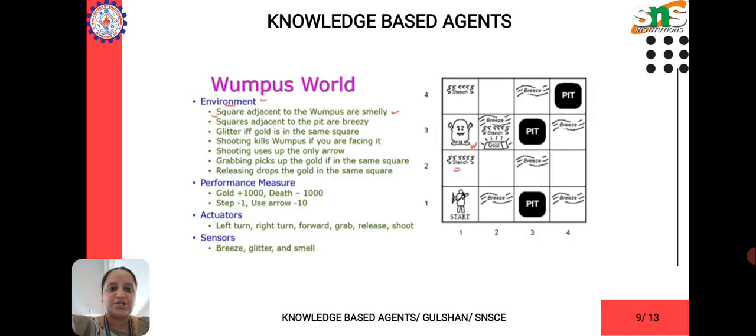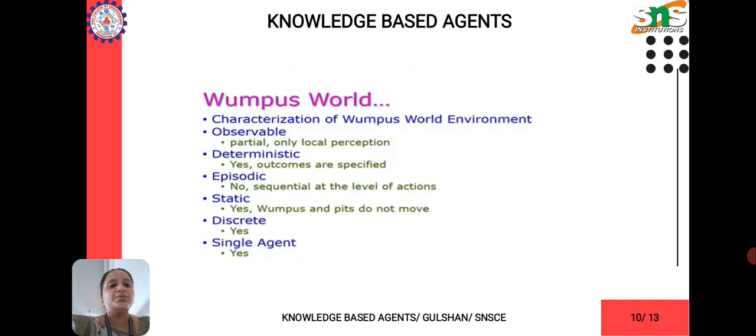The actuators are: you can turn left, turn right, move forward, grab, release, and shoot. Now what are the sensors? The environmental factors related to it are breezy, glitter, that is gold, and smelly, that is the squares adjacent to the Wumpus always smell.